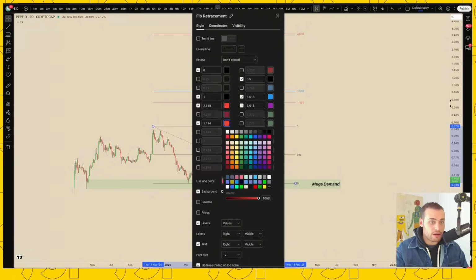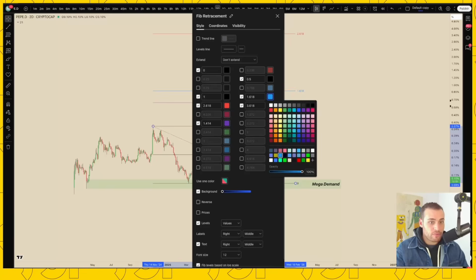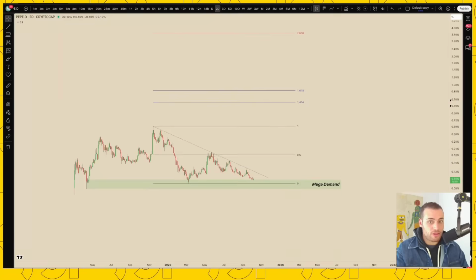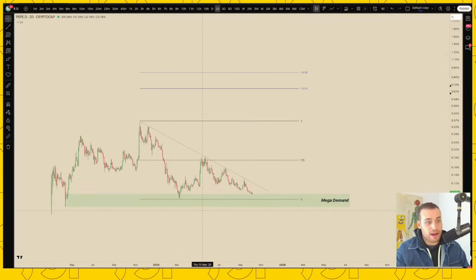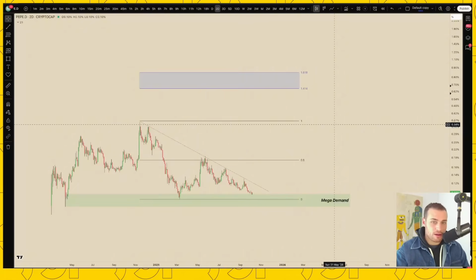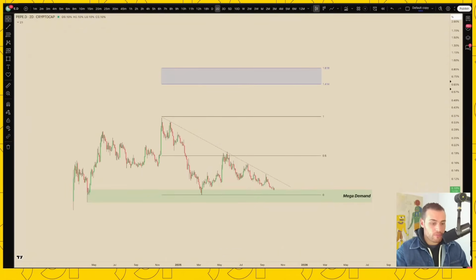Now, if we want to look at it a little bit differently, we could say, all right, we know that the PEPE USD chart really likes that golden slot, that 1414 to 1618. Now, I want to show you something. This level right here is an important level.